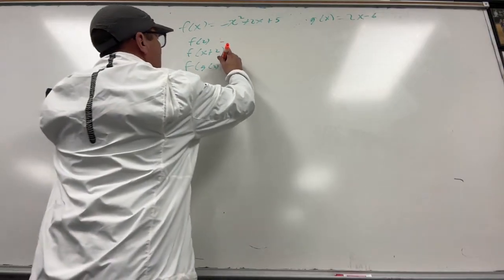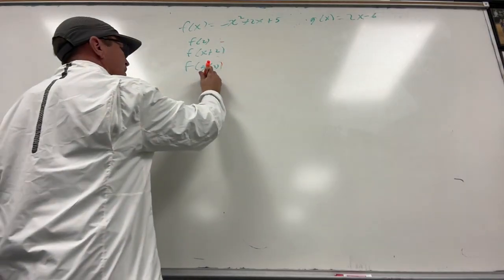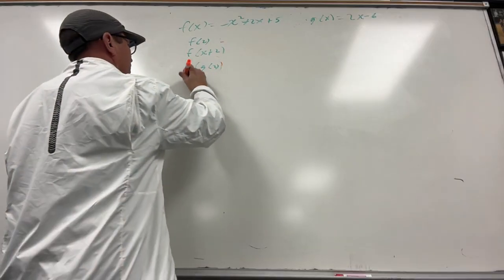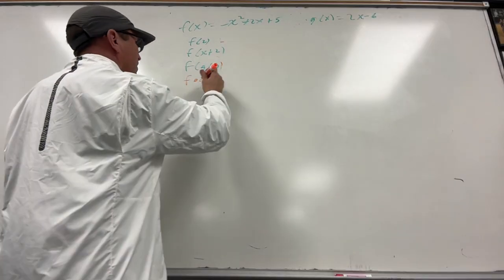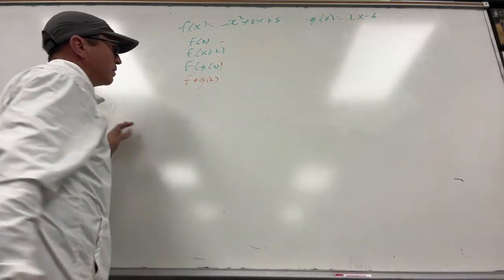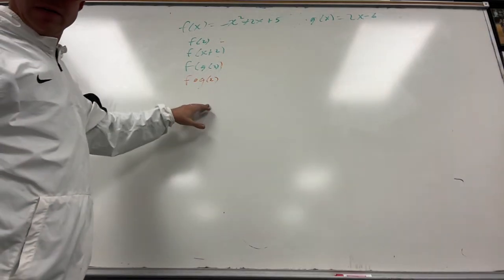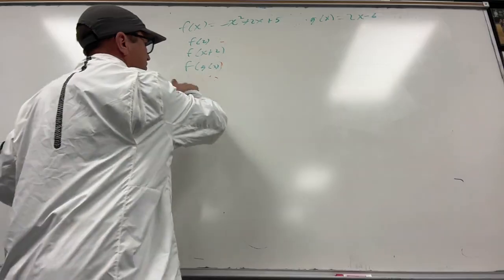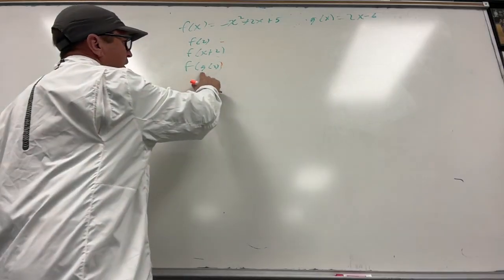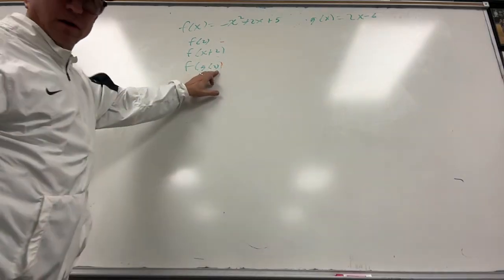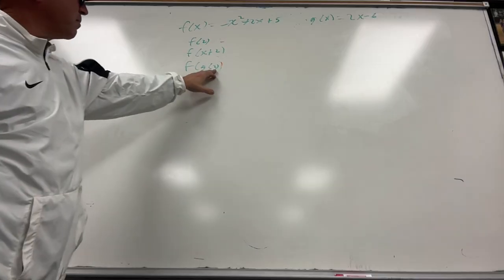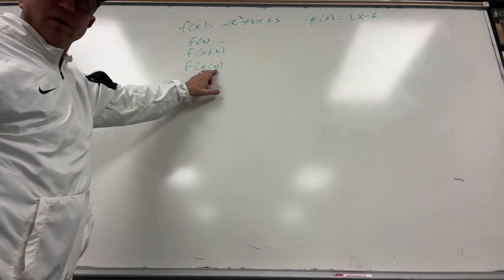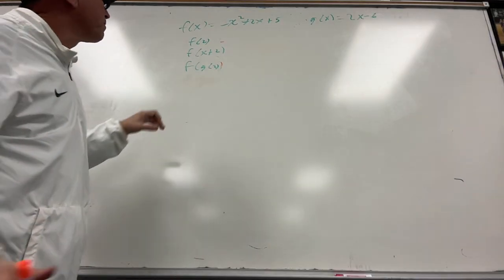Another way you could see this written is f open circle g of 2. Either one of these, they both mean the same thing. But for now, I prefer working with it in this notation right here. It just helps me see the order in which I'm going.